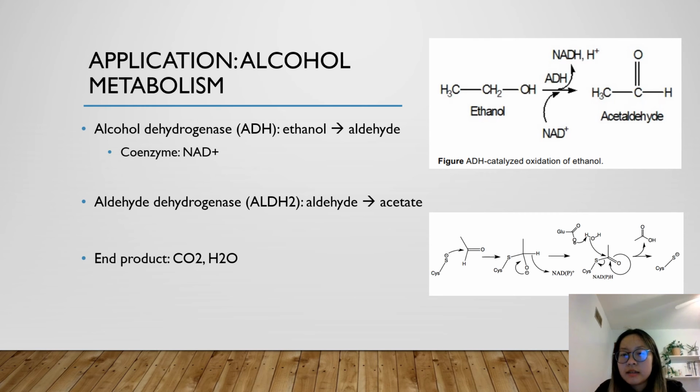And we see that in the lower right corner. And this aldehyde dehydrogenase, or ALDH2, actually uses NAD+ as a coenzyme as well. And then after a series of enzymatic reactions, we get CO2 and H2O for alcohol metabolism.